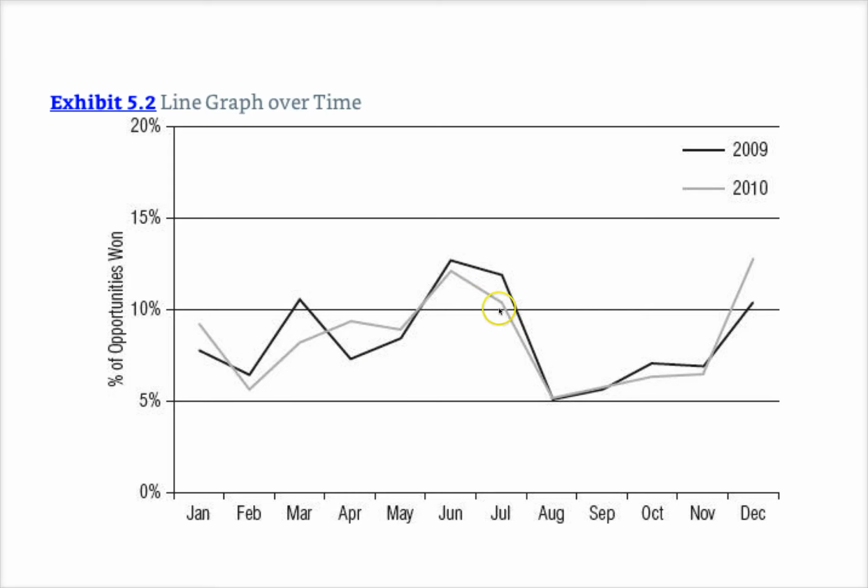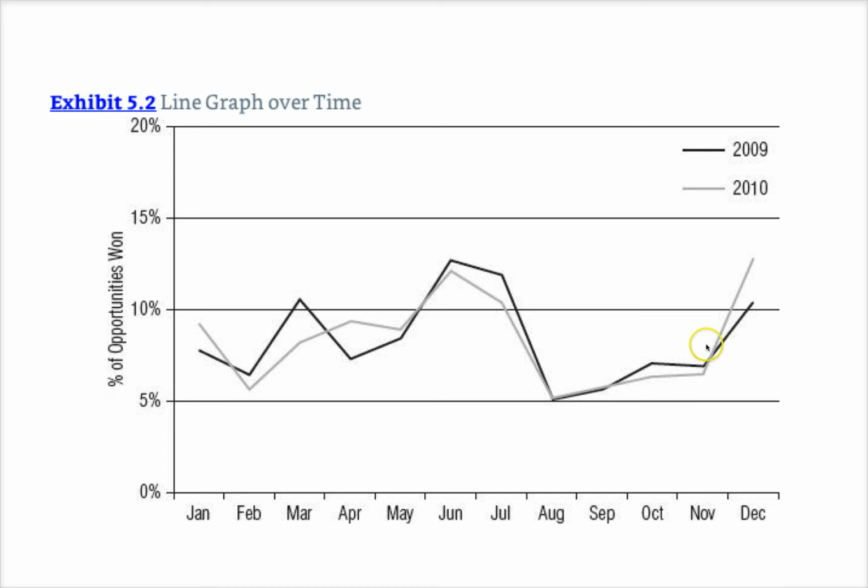Here we have a comparison. It's another time series, but in this case we're using line charts, and we're doing a 2-year comparison here, so we can see the different trends year over year.